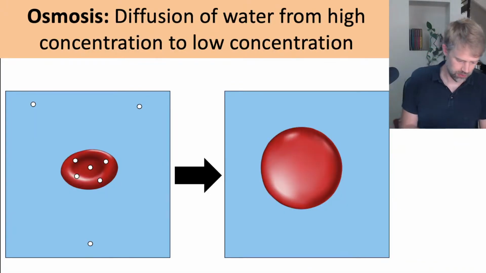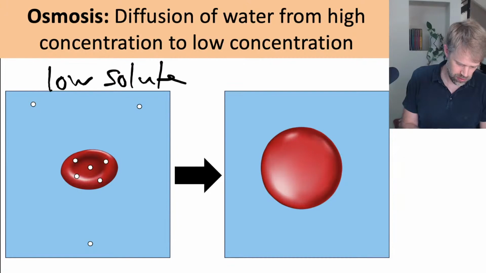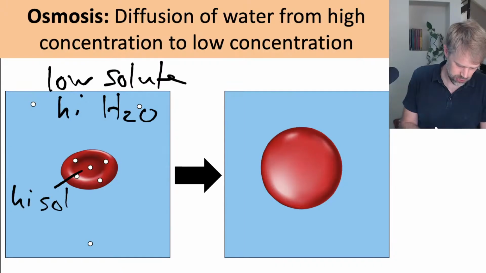If we have a low solute concentration, we have a high water concentration. If we have a high solute concentration, we have a low water concentration, and water moves from high to low.